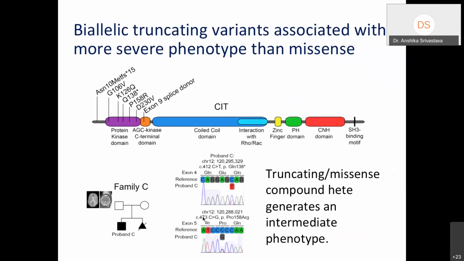As I told, if there is a citron kinase gene, and exon 1 has a mutation and exon 4 has a mutation, and if the exon 1 mutation is carried in the mother and the exon 4 mutation is carried in the father, then the child will have both the mutations in citron kinase, in exon 1 and exon 4. The child will be affected, although parents will not be affected because they have one functional copy of citron kinase. But in case of the child, he has variation in both the alleles.